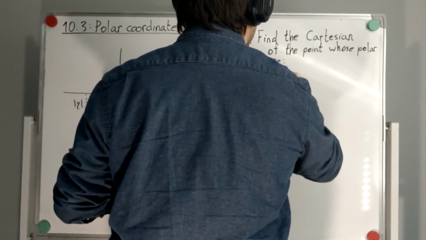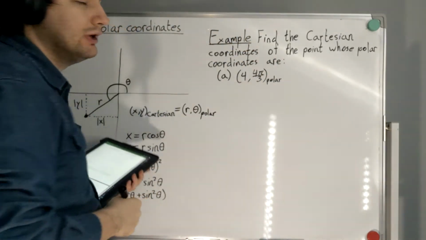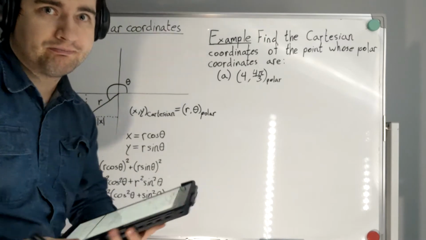So this is the polar representation. We want to find its Cartesian representation.